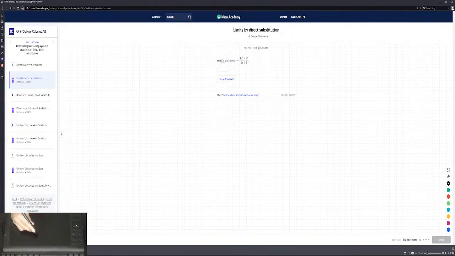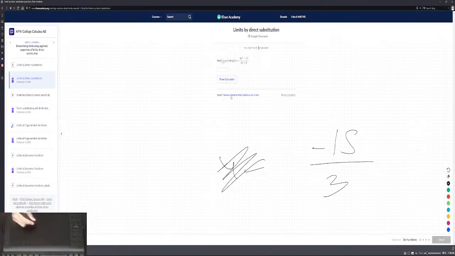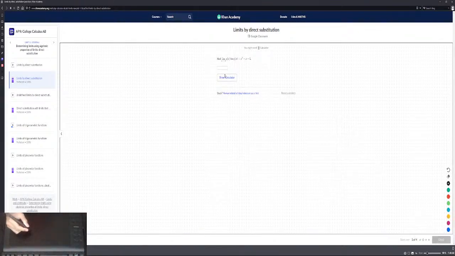So now we need to find limits by direct substitution. So all you do is just substitute in. Wait, no, it's not 1. It'll just be minus 15 over 3. You get -5. To substitute, 9 plus 3 minus 1, you get 11.